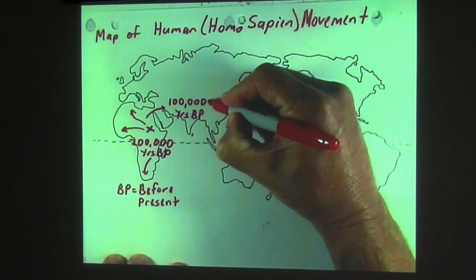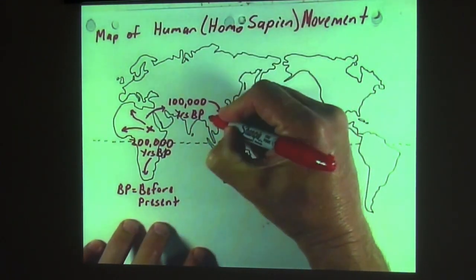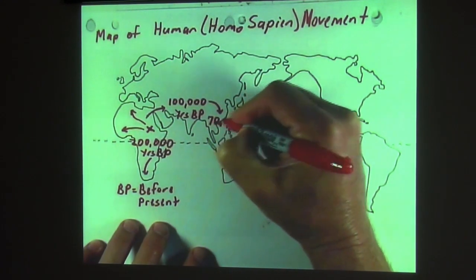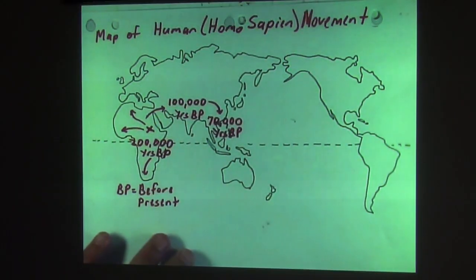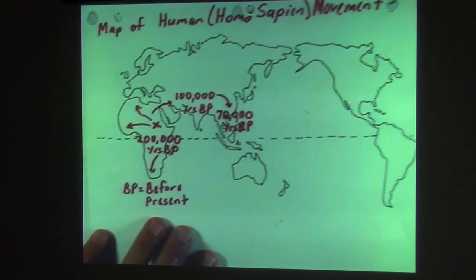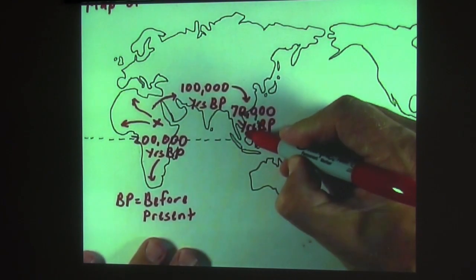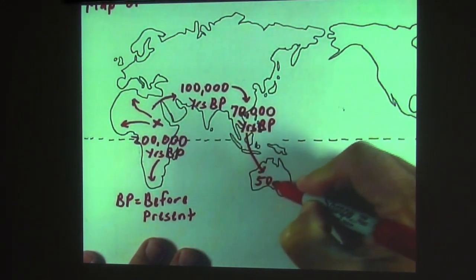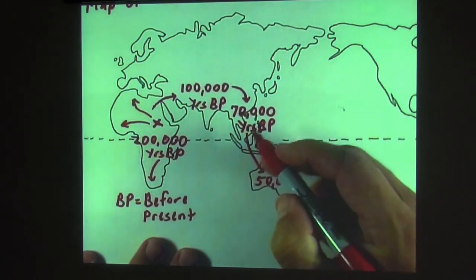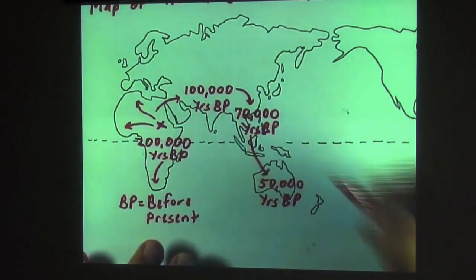All right? The next movement is into what we would call Southeast Asia, and these Homo sapien remains are about 70,000 years BP. So you can see, well, let's zoom in here. Maybe this may be easier for you. Okay? You can see that this is happening. It's going. The next distance, we see Australia, and the oldest Homo sapien remains ever found there are about 50,000 years old.